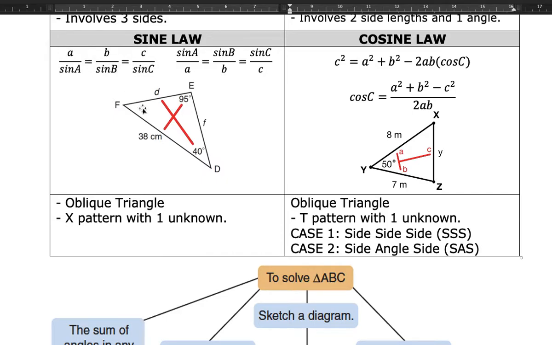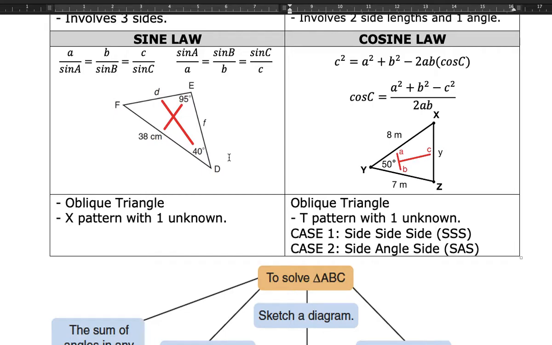Remember that lowercase letters denote side lengths in a triangle, and capital letters are used to denote the vertices. So this is the same relationship, only the reciprocal, or the fraction is flipped.